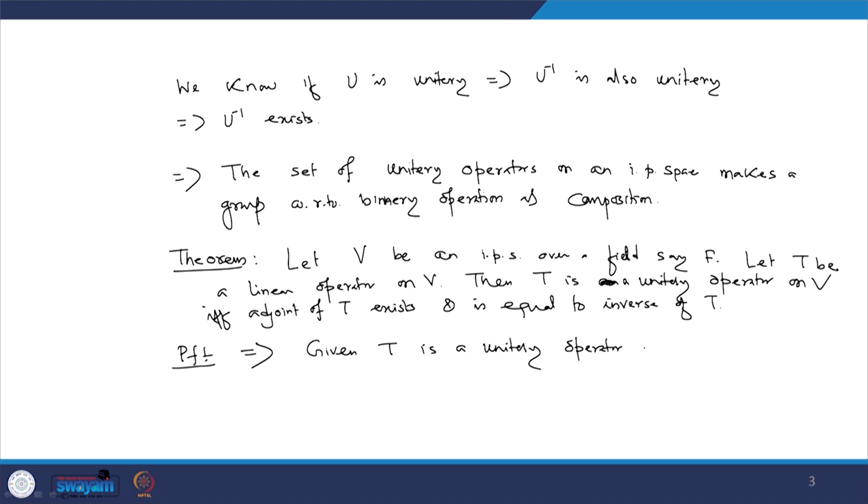So, T is a unitary operator. This implies for any alpha belonging to V, norm of alpha equals norm of T alpha, that is, T is invertible.